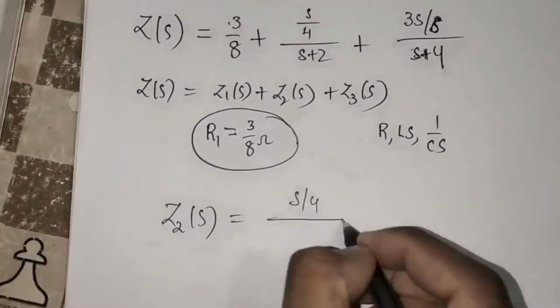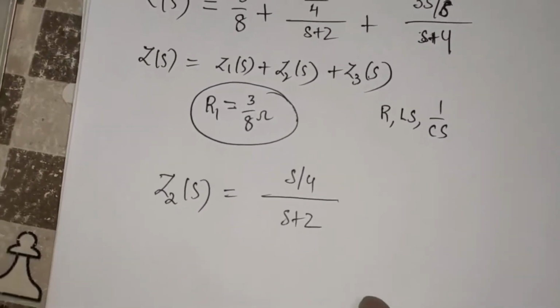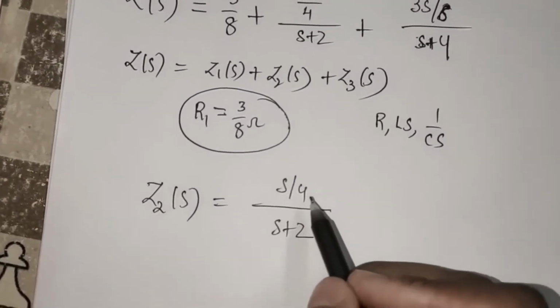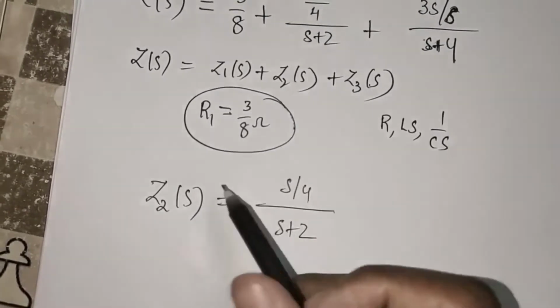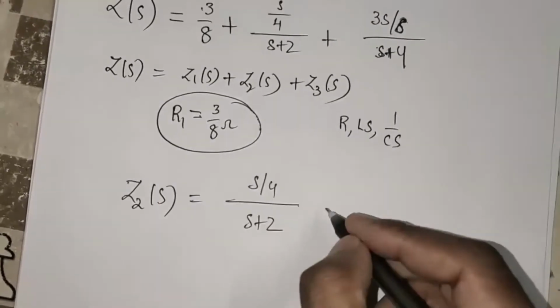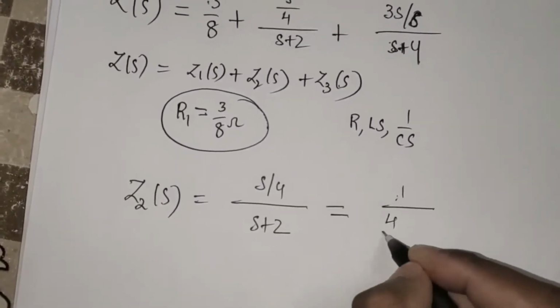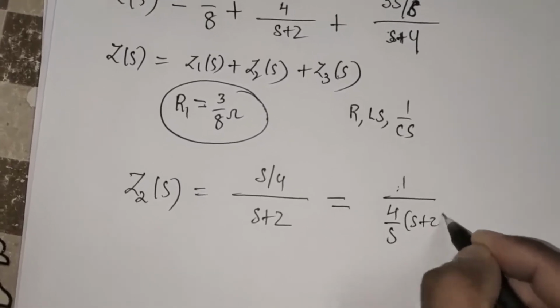S by 4 divided by S plus 2. So always ensure that the numerator is made 1 so that we can represent Z2 as 1 by Y2. So this I can write as 1 divided by 4 by S into S plus 2.